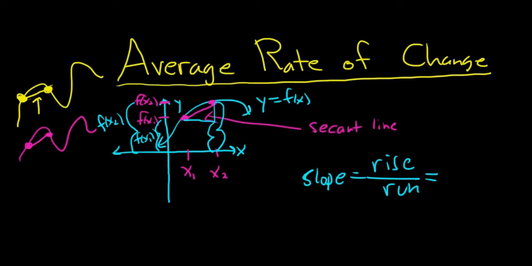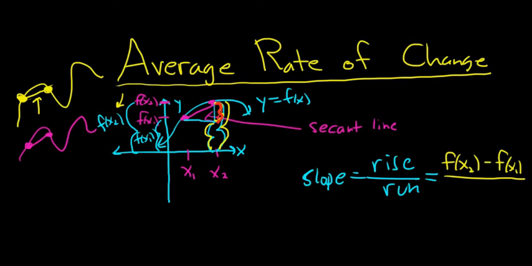So to get the distance we want, this little yellow distance, that's the rise, we take the big distance and subtract the little distance. So the big distance is f of x sub 2, minus the little distance, f of x sub 1. So the big y value minus the little y value gives you the y value you want right there.